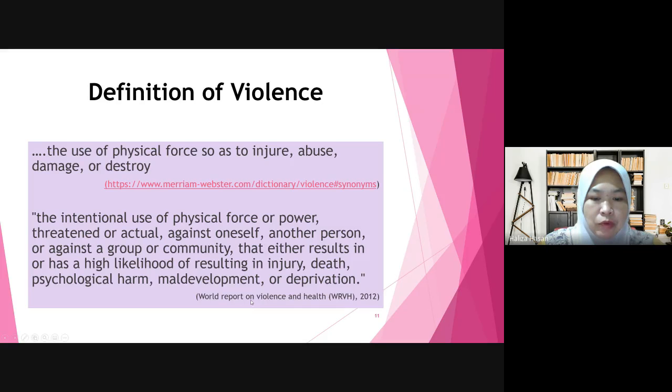The World Report on Violence and Health defined violence as the intentional use of physical force or power, threatened or actual, against oneself, another person, or a group or community, that either results in or has a high likelihood of resulting in injury, death, psychological harm, maldevelopment, or deprivation.